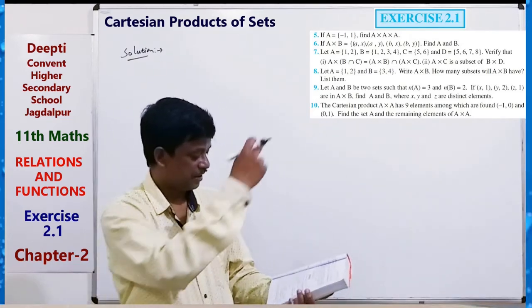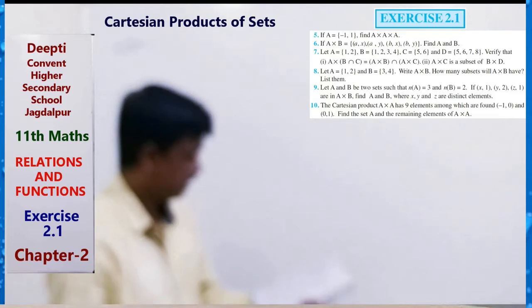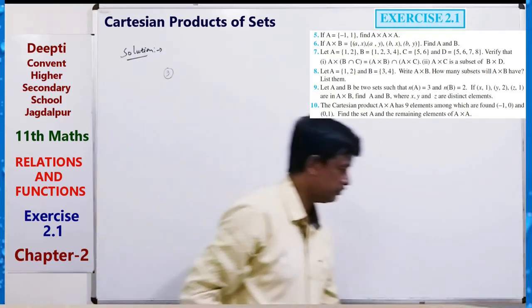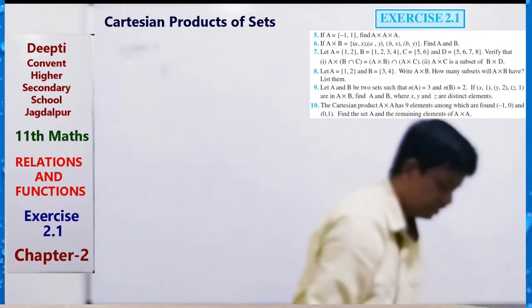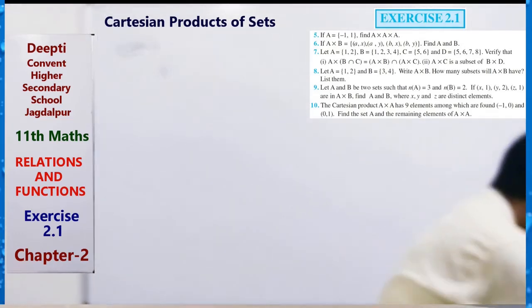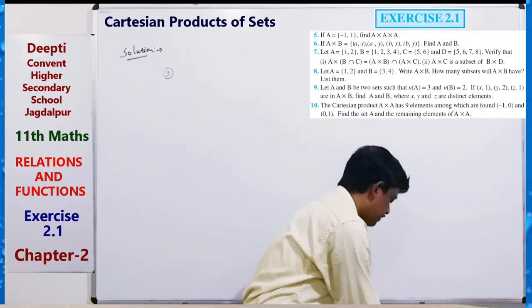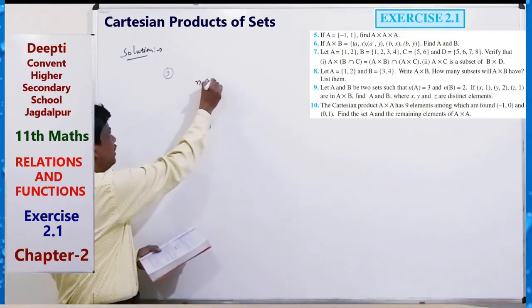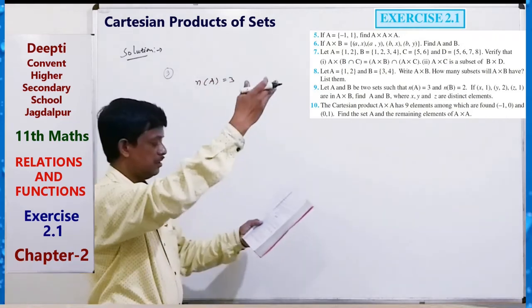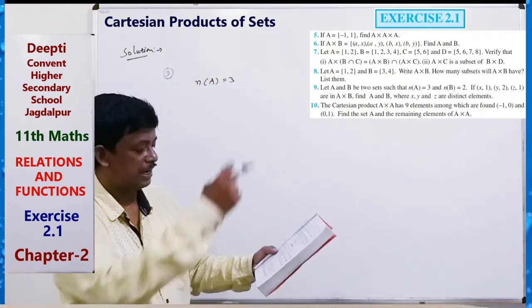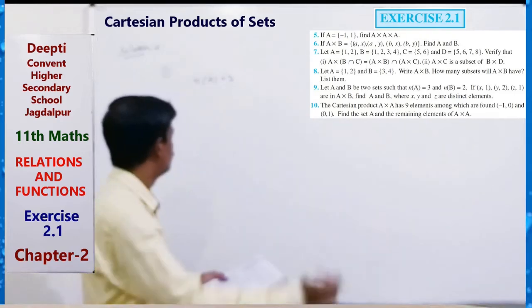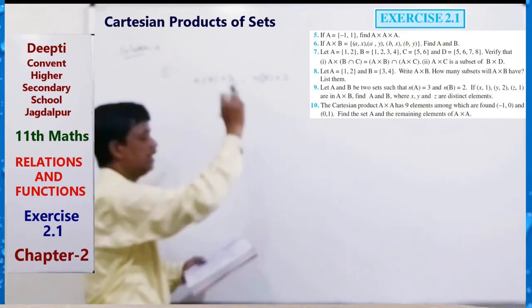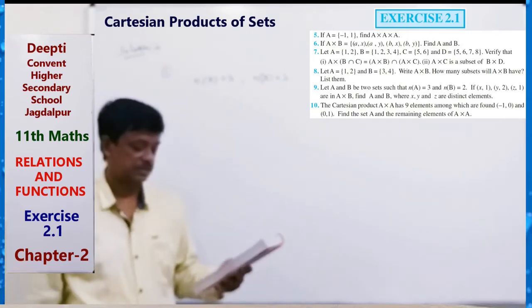Question 9: A and B are two sets such that n(A) equals 3 and n(B) equals 2. That is, A has 3 elements and B has 2 elements.